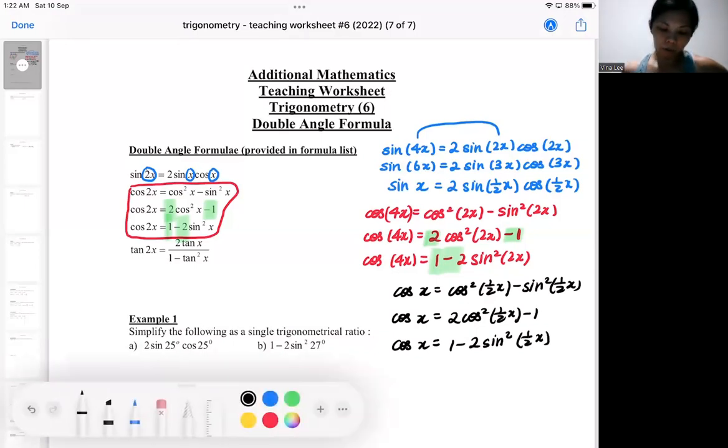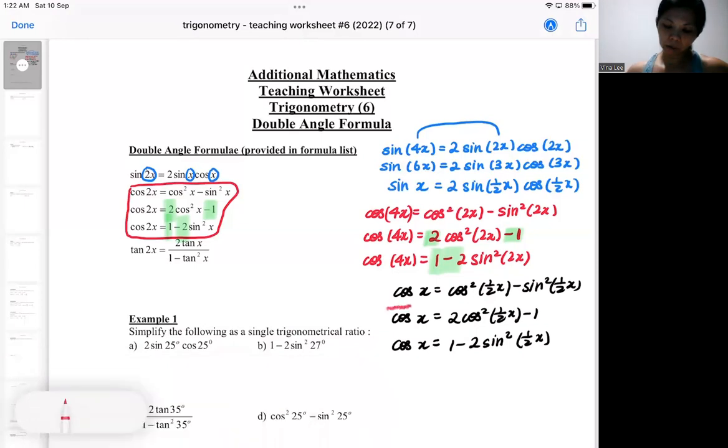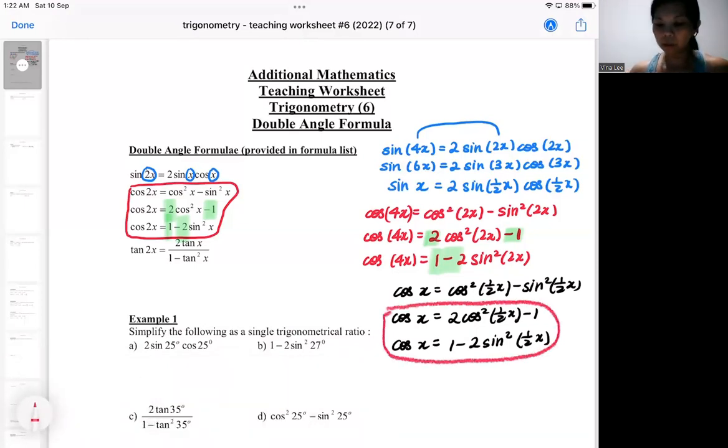These two you need to outline and put a star for yourself. They will be used in some difficult questions. These two are not going to be given to you. You need to be able to relate these two from the O level given formula.